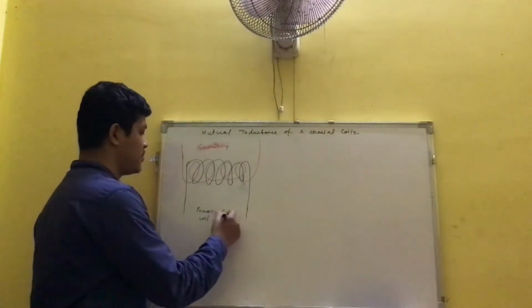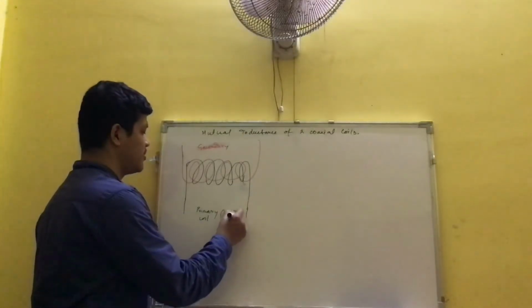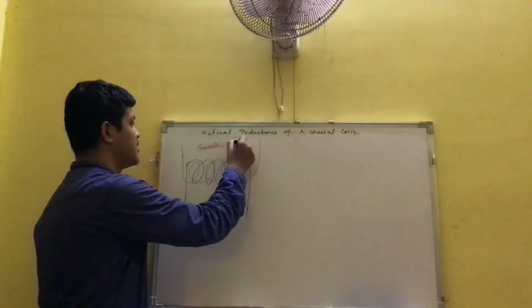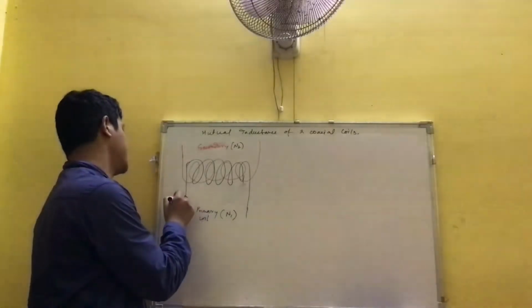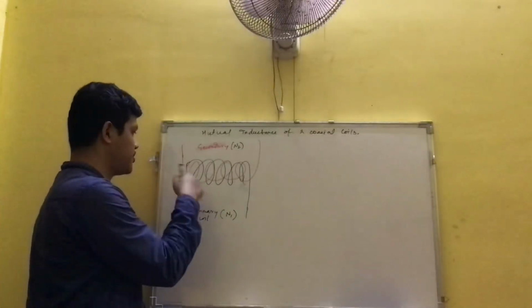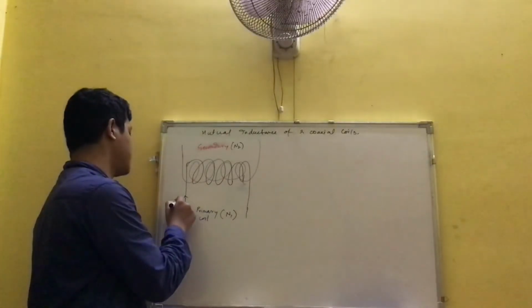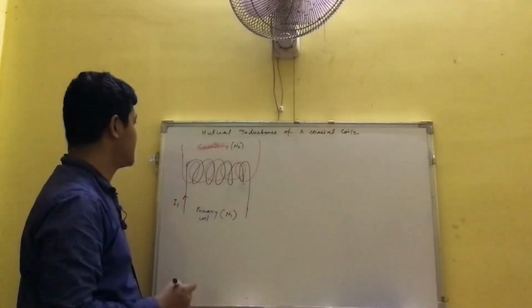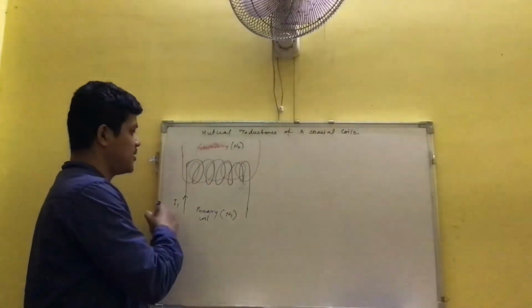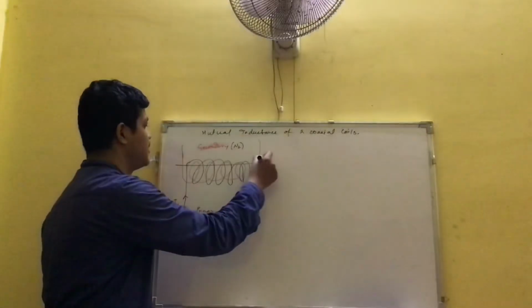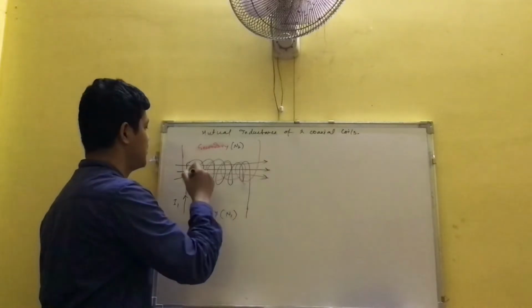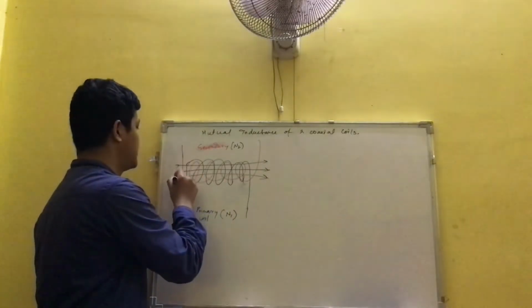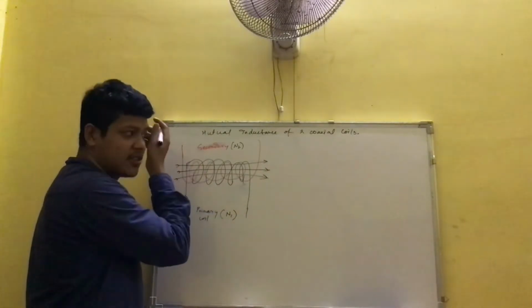Now, the number of turns in the primary coil is suppose N1 and the number of turns in the secondary coil is suppose N2, and the current flowing through this primary coil is suppose I1. Due to this current there will be a magnetic field, suppose B, in these two coaxial solenoids.